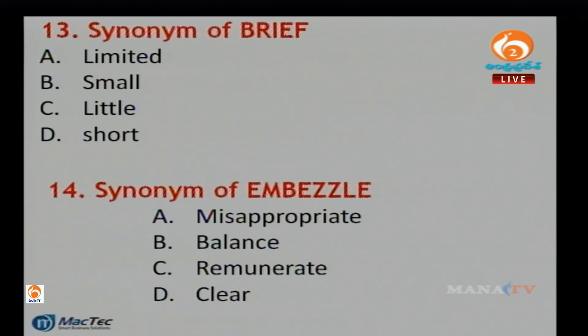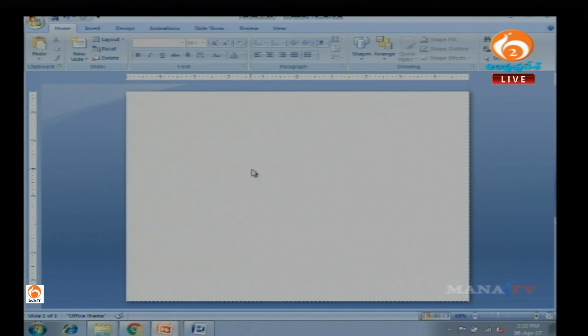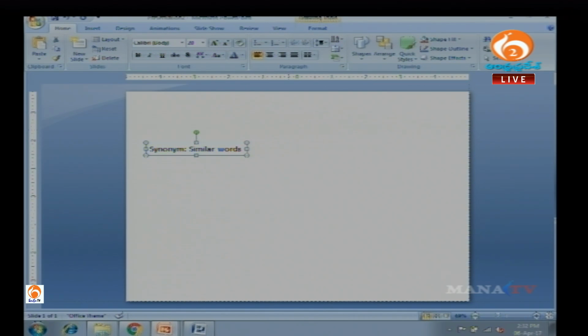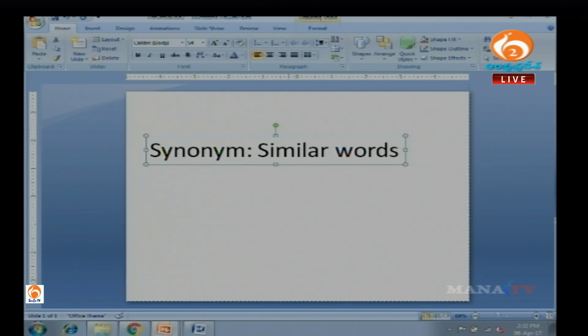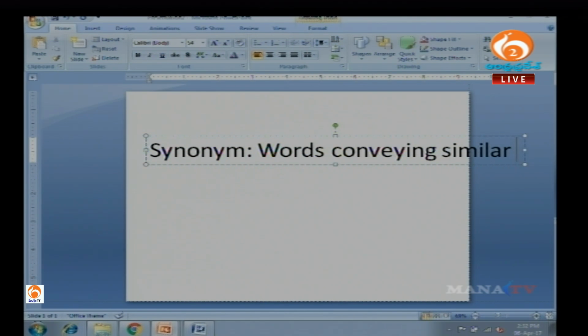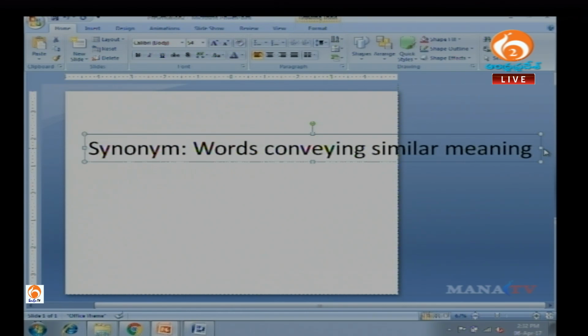What is the synonym of brief? What do we mean by synonym first of all? Synonym means similar words, or rather I will change it a bit. Words conveying similar meaning.